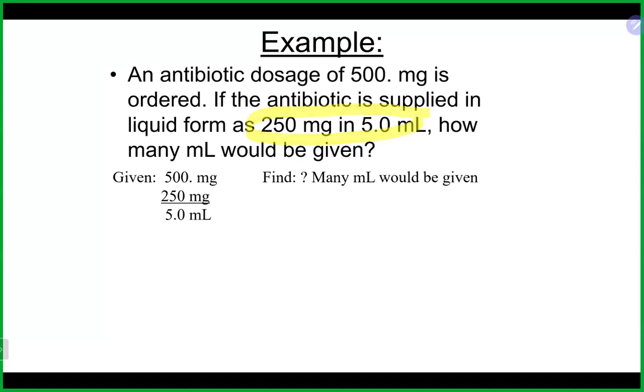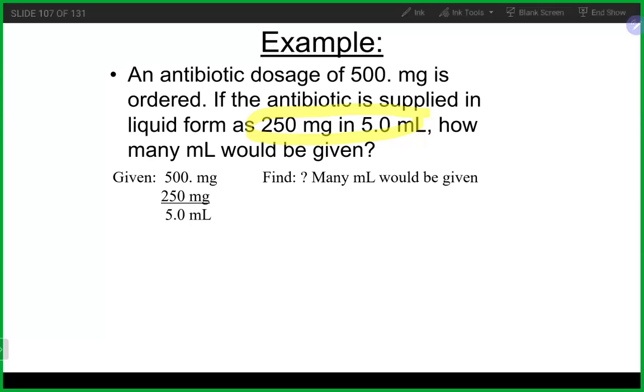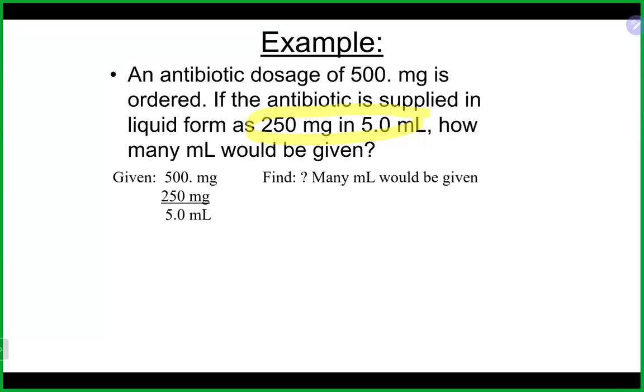We're basically told our medicine is coming in 250 milligrams per 5 milliliters. That's really specific for this particular problem, right? And that can be used really as a conversion factor. So sometimes we are given conversion factors in the problem. You could actually flip this around the other way and use it as a conversion factor.